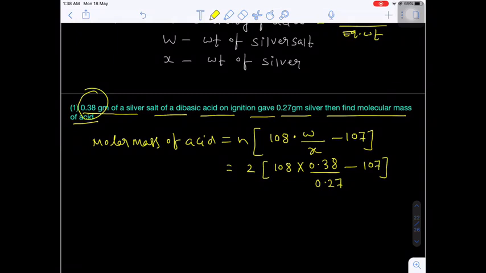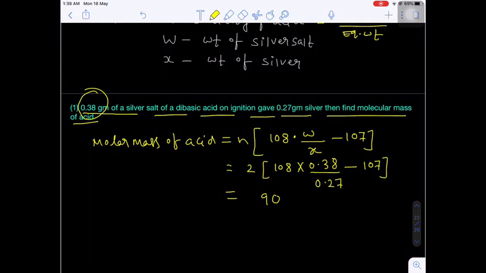So by using the formula we can directly calculate the molar mass of the organic acid. Are you getting my point? Now here 90 will be the answer.